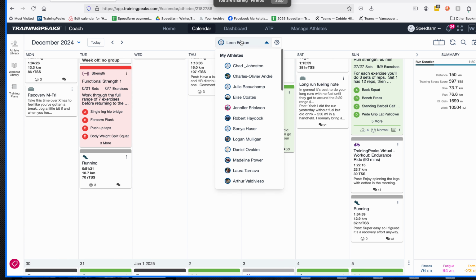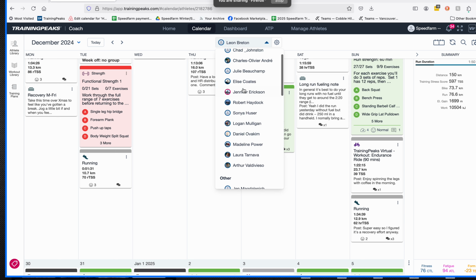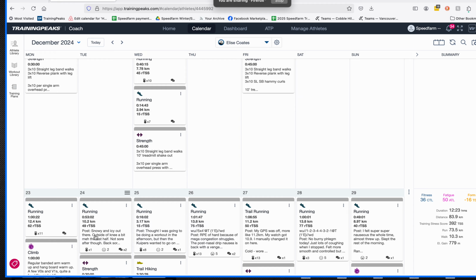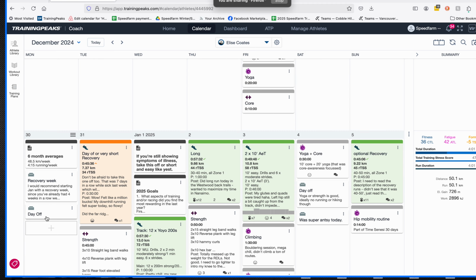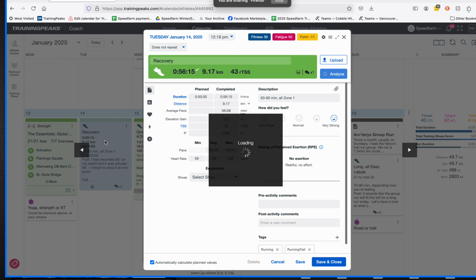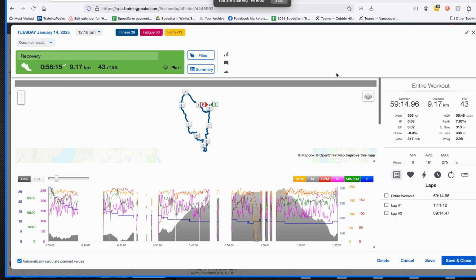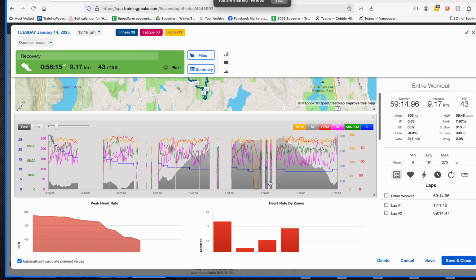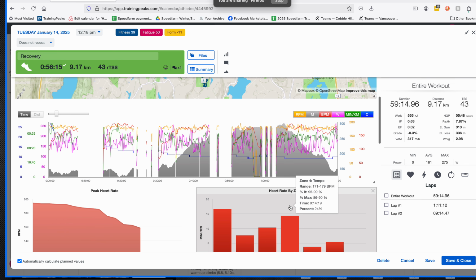Oh yeah, let's look at yours then, Elise. This one? No, I'm back too far. This one? Oh yeah. Okay, actually, you're not the best example because the heart rate's a bit gobbledy.